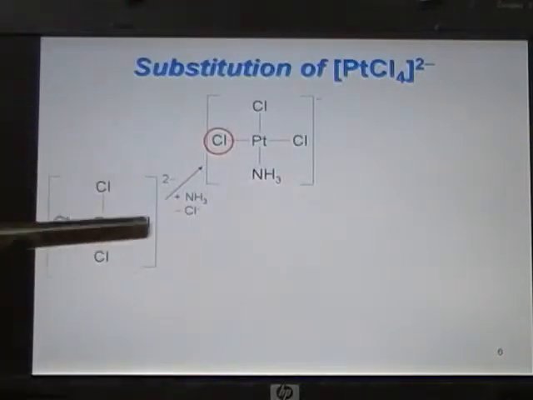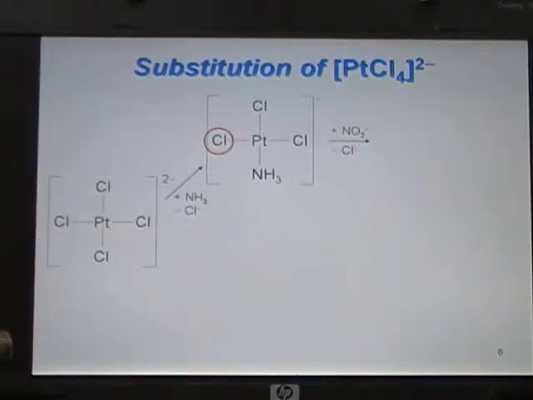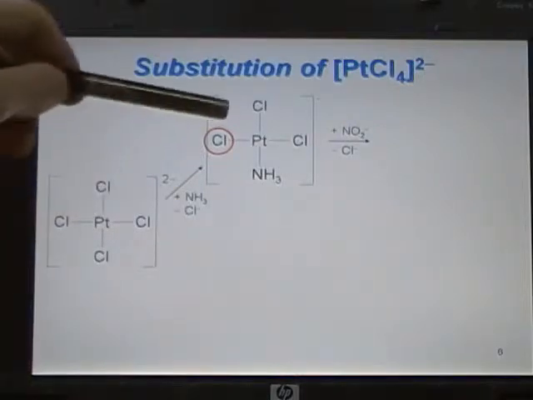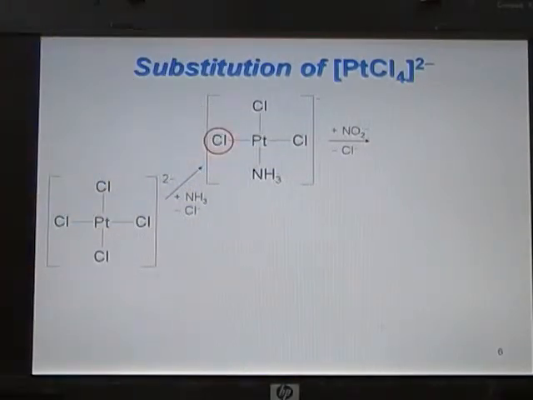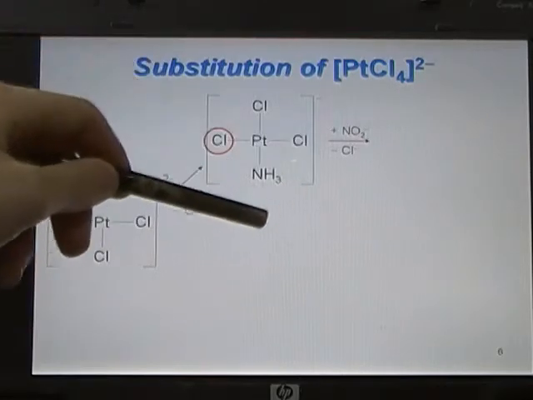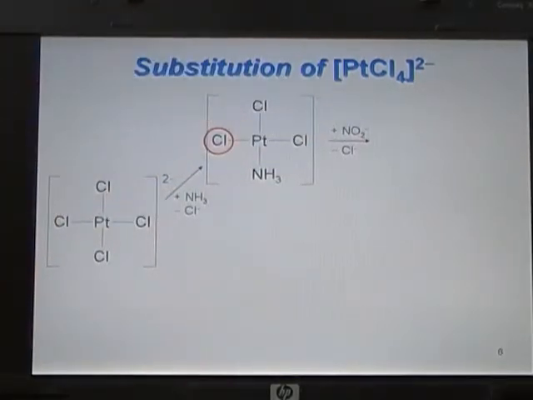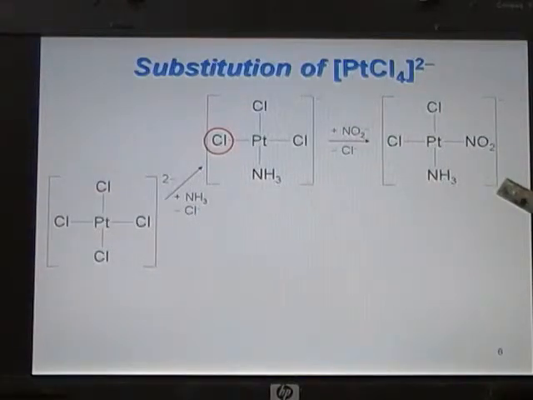So I'll pick this one. It will remove this Cl. So now let's add NO2- and remove that Cl. What you should have is two chloros that are cis to one another, and the NH3 and NO2- that are cis to one another. The charge should not change on the complex since you're removing a Cl- and replacing it with NO2-. This is the final product from this reaction series.